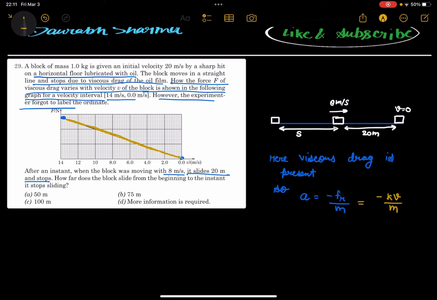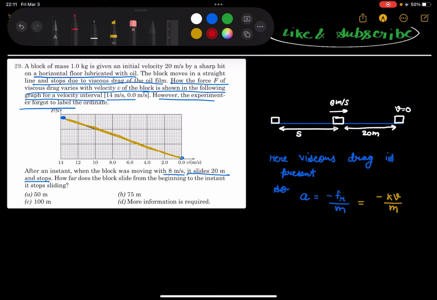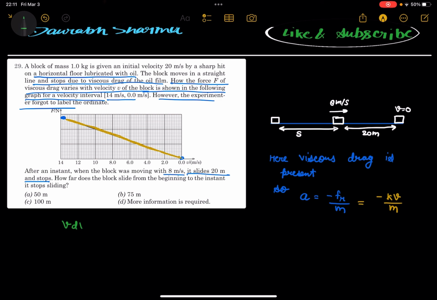We can write one simple equation: v dv over dx is equal to minus kv by m. The mass is given as 1 kg. So v cancels, and dv is equal to minus k by m into dx. Can I write it like this?